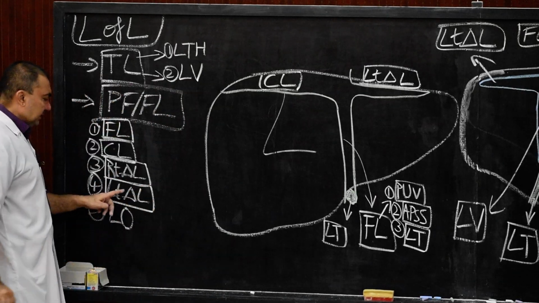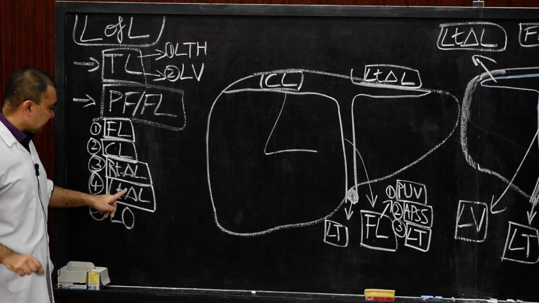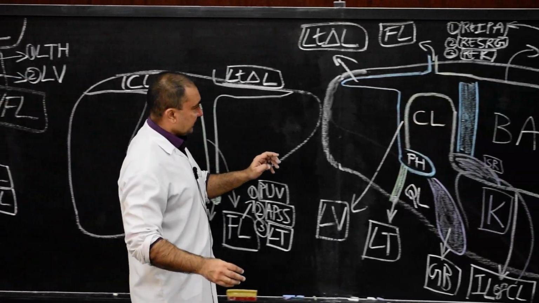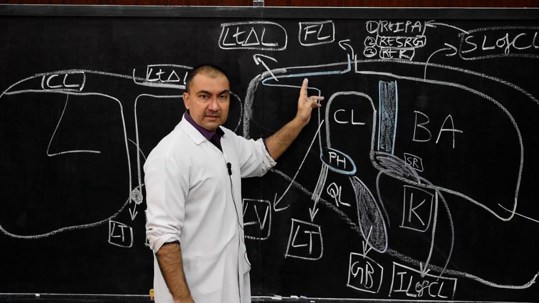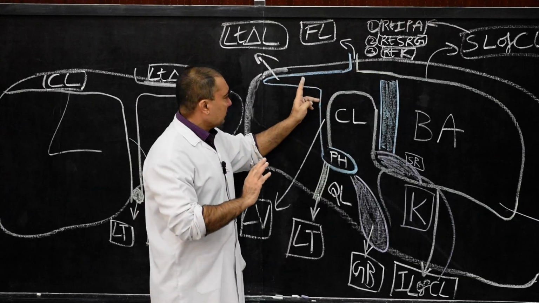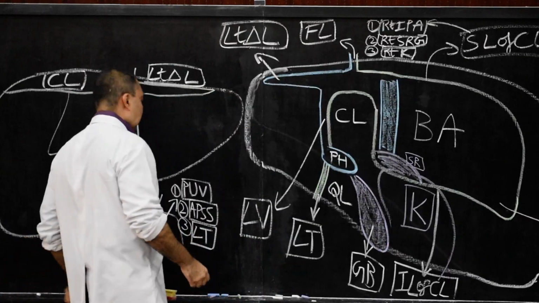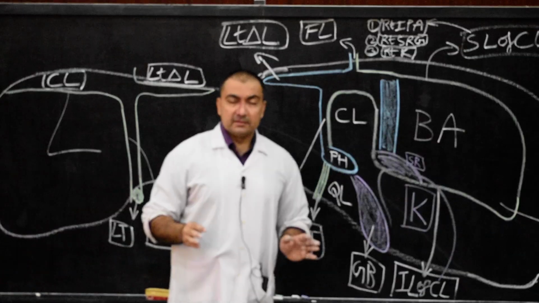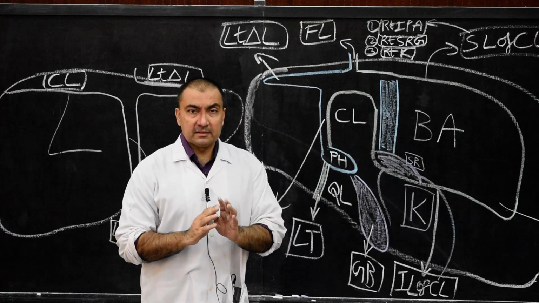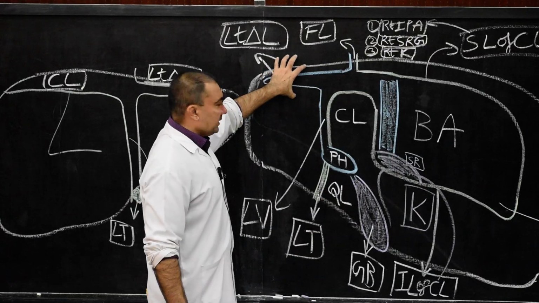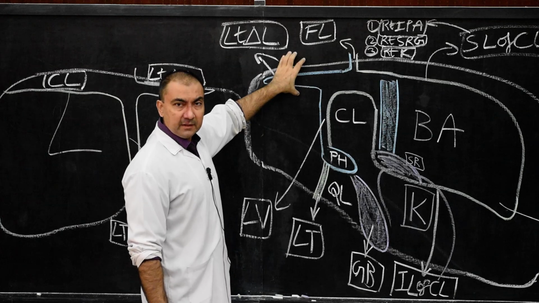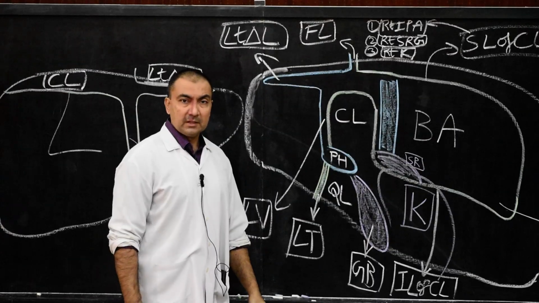Now this left triangular ligament, we need to understand the tracings. So please come on this side, where my finger is. Concentrate here. Now the left triangular ligament will start and connect the left superior surface of the liver with that of the diaphragm.